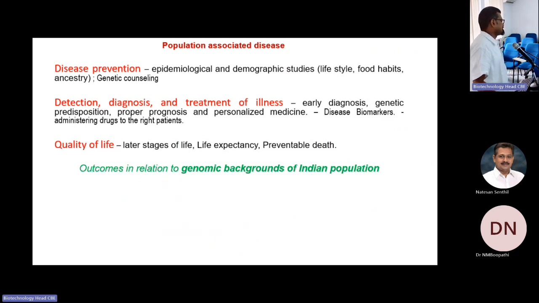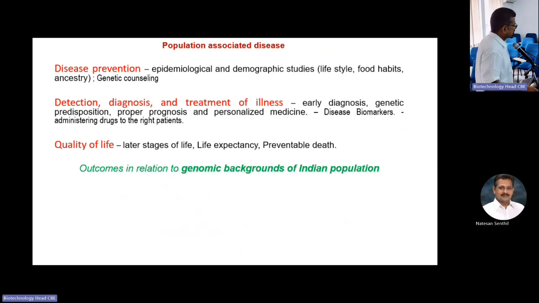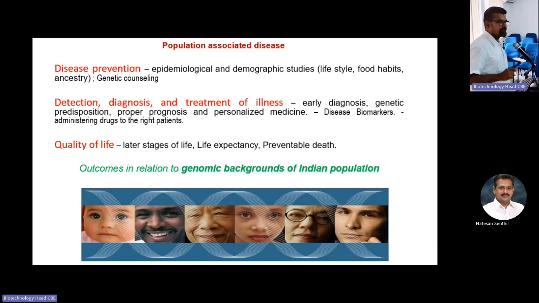So even for understanding which drug will work in a better way, which gene mutations are responsible for what type of diseases, and also for a better quality of life, right? So the genomic backgrounds of the populations have to be understood because different populations are different ethnically and also culturally.